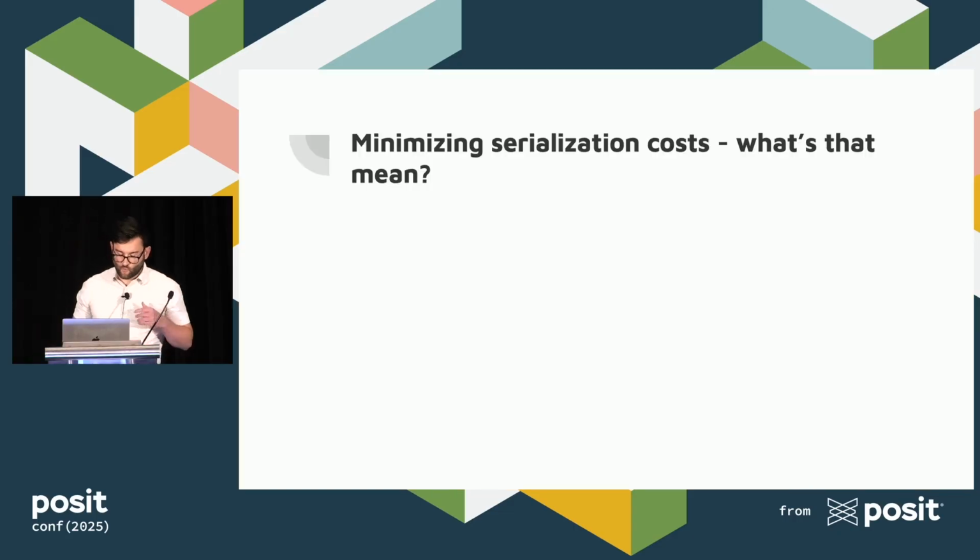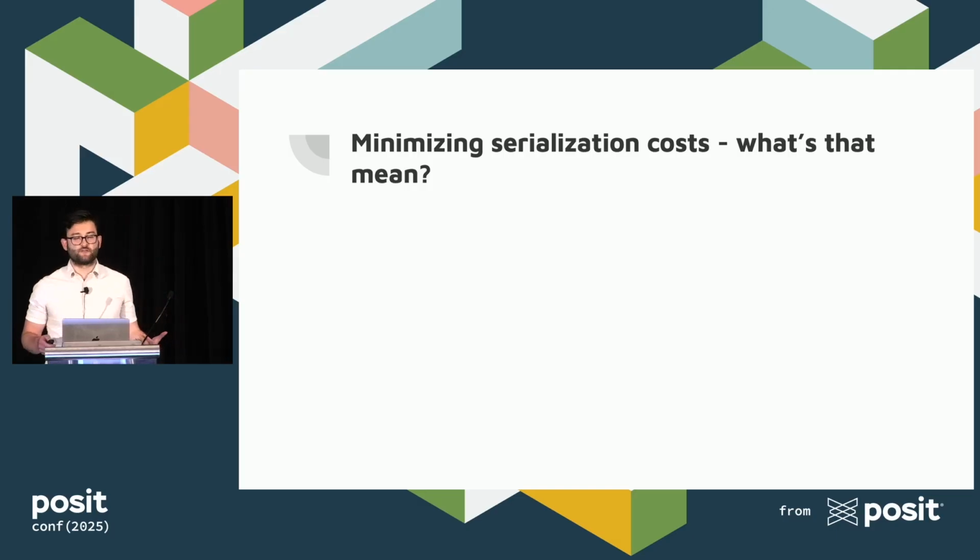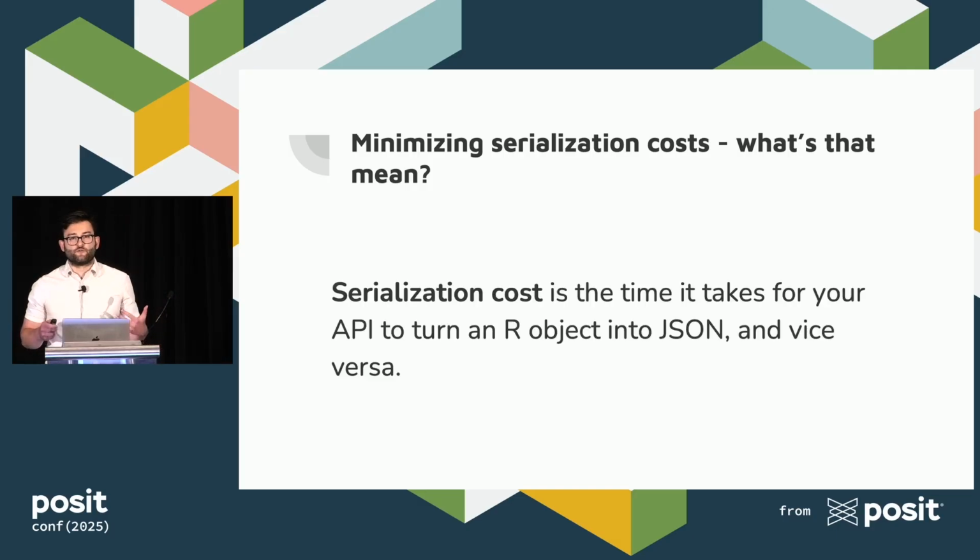When I say that, what does that mean? The idea here is that serialization costs are the time it takes for you to take an R object in memory and turn it into some format that you can send over the wire, like JSON, right?